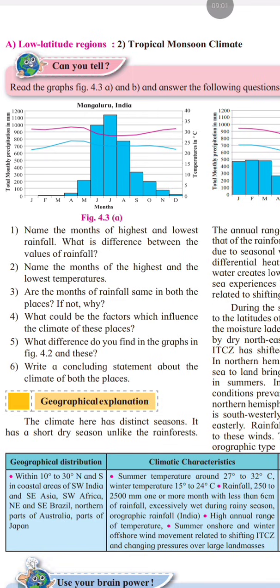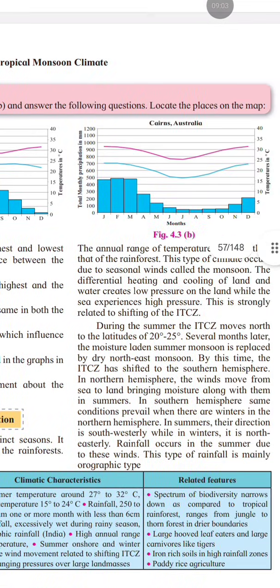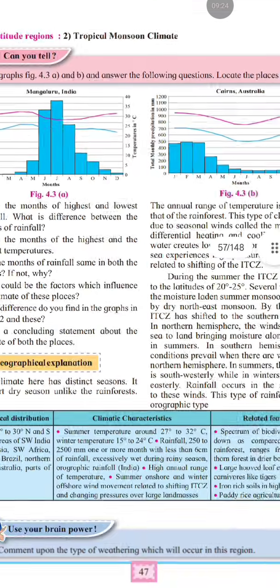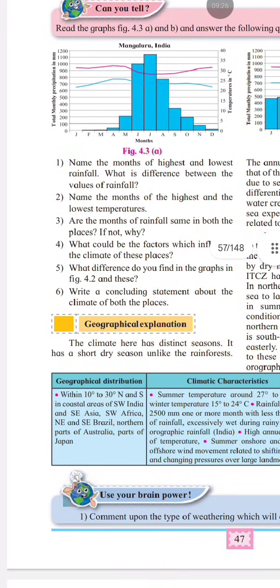And the highest and lowest temperature in Cairns, Australia: in January month it is around 27.5 degrees Celsius, and in July it is 16.4 degrees Celsius. It means the coldest month, we can say. So this was the answer of the second question.